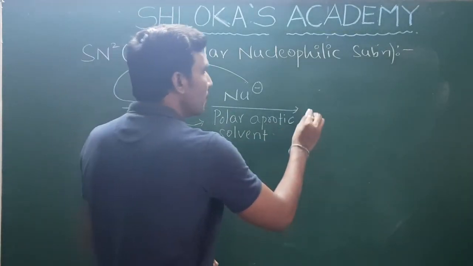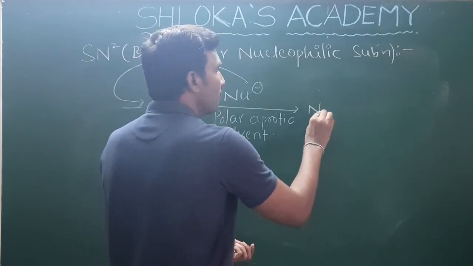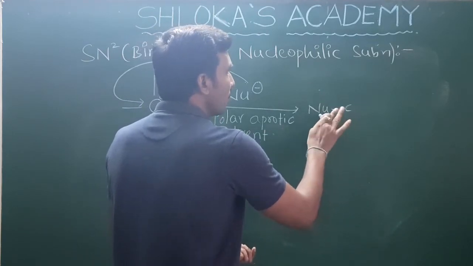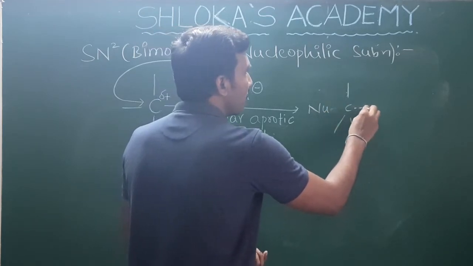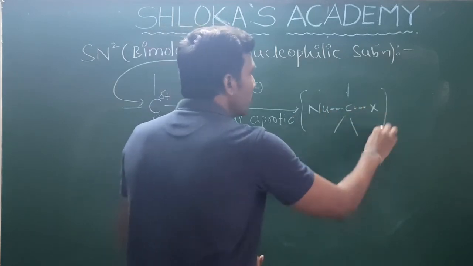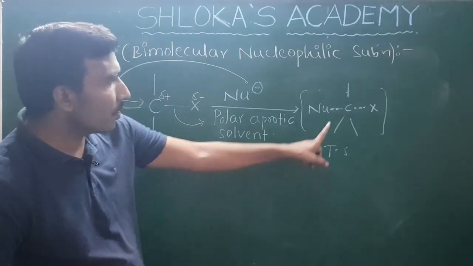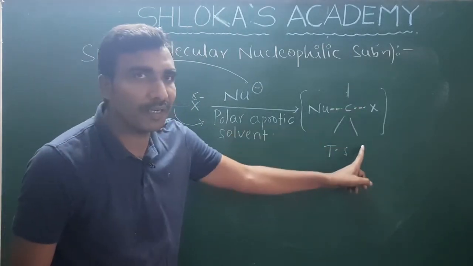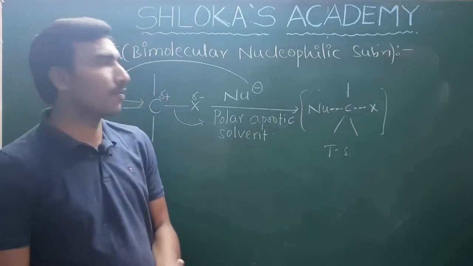So that leads to a transition state. This is called a transition state. Why? See here, if you observe this transition state where the carbon is pentavalent, it is highly unstable.